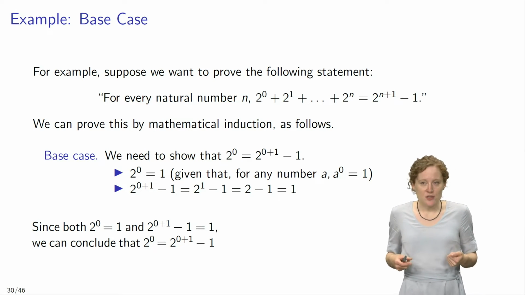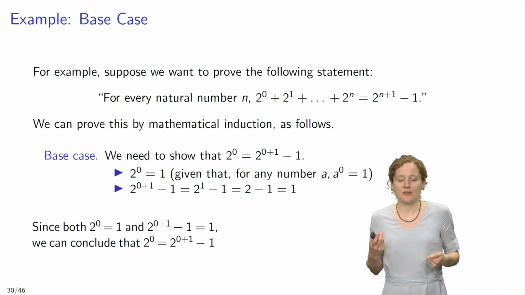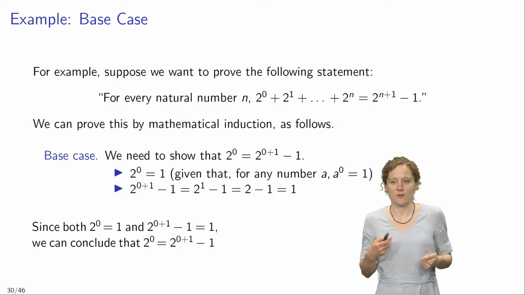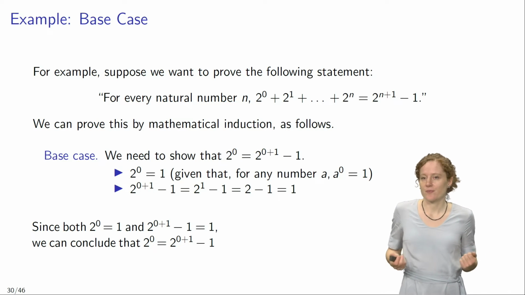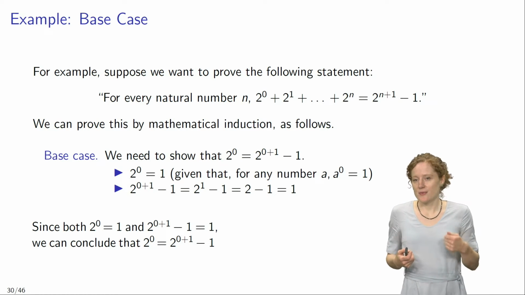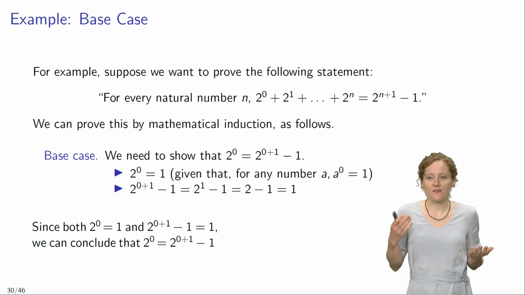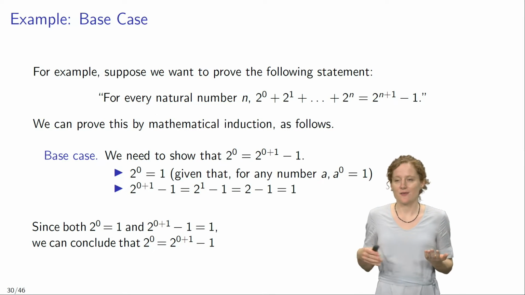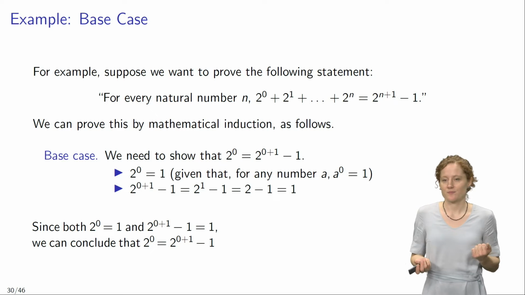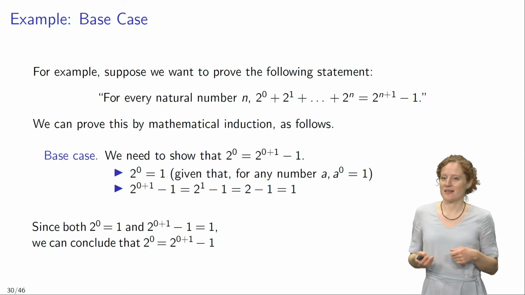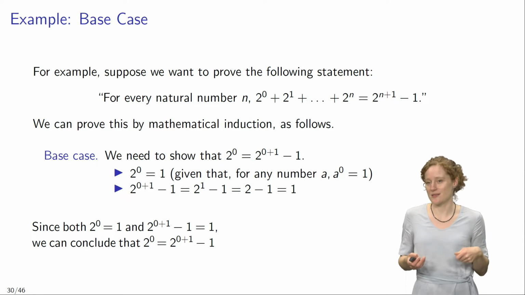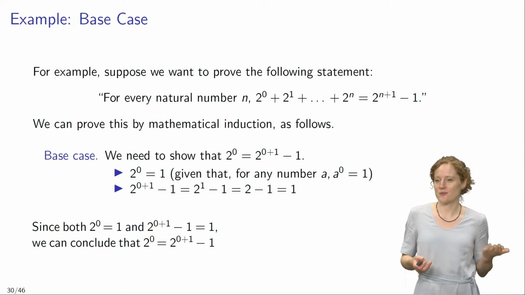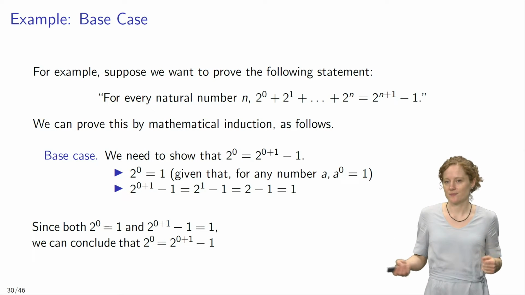Now we can show that 2^0 equals 2^(0+1) minus 1 pretty easily, as follows. 2^0 equals 1, given that for any number a, a raised to 0 equals 1. And so 2^(0+1) minus 1 equals 2^1 minus 1, which equals 2 minus 1, which equals 1.